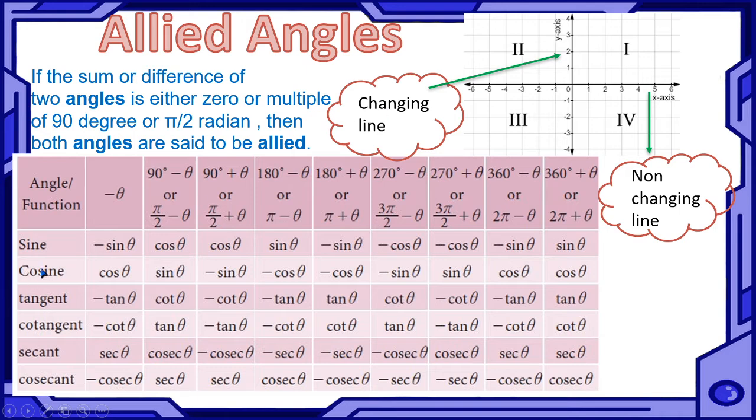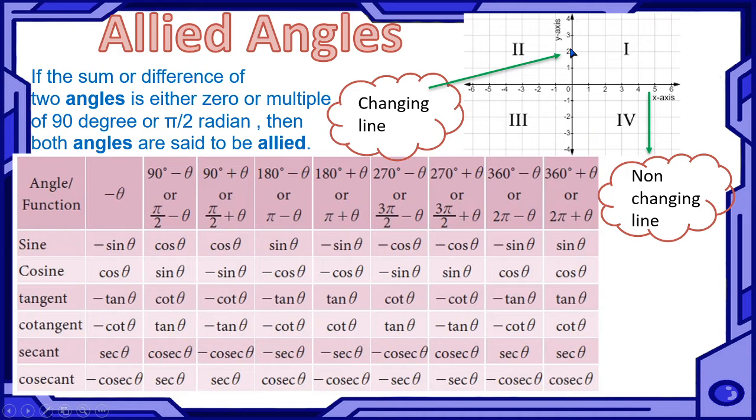Now, let's take one example. Students, if you remember in class 10th, you have done complementary angles where you used to do sine 90 minus theta equal to cos theta, tan 90 minus theta equal to cot theta. So this was the concept behind it. 90, it means they're talking about y-axis, which is changing line. So definitely sine will be converted to cos.